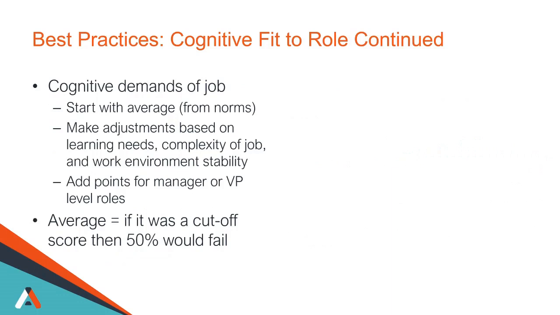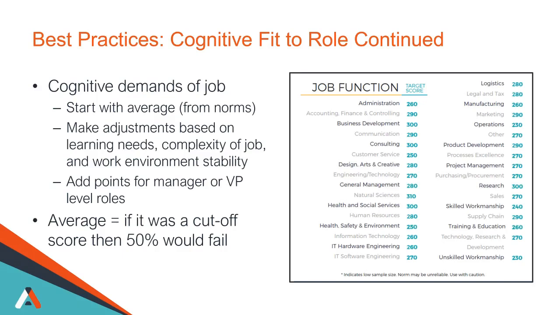If you don't want to redo the job assessment, you can use the target scoring guide to get the concrete benchmark. These benchmarks are based on the norms or averages for certain job functions. Remember, these are averages and they are not cutoffs. Because it is an average, out of 100 candidates, 50 would score higher and 50 would score lower.